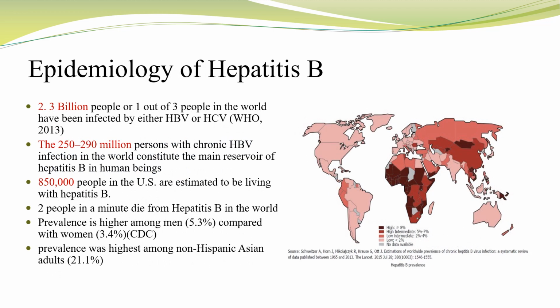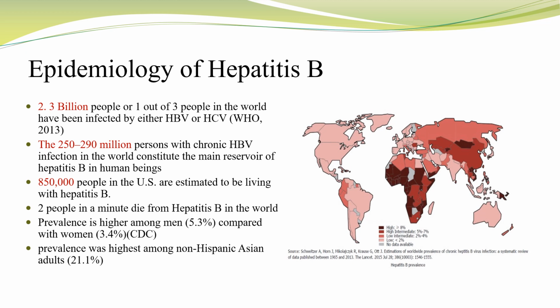Epidemiology of hepatitis B. 2.3 billion people, or 1 out of 3 people in the world, have been infected by either HBV or HCV. And 250 to 290 million persons with chronic HBV infection in the world constitute the main reservoir of hepatitis B in human beings.